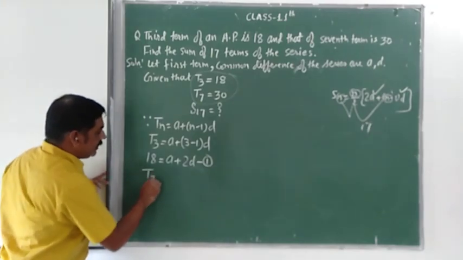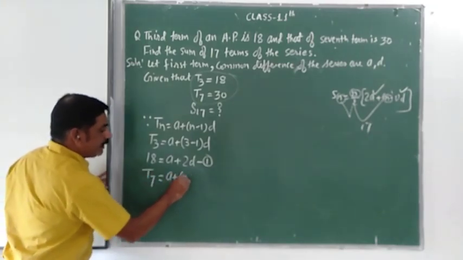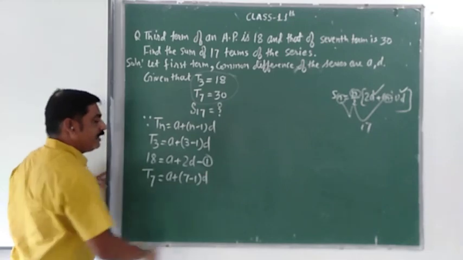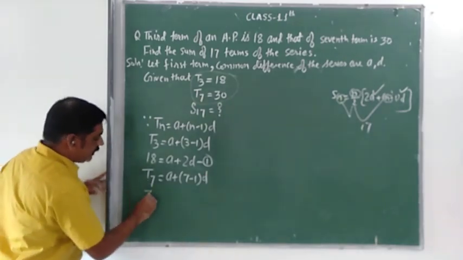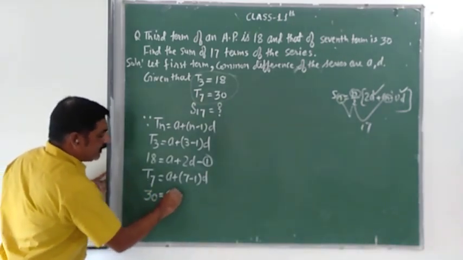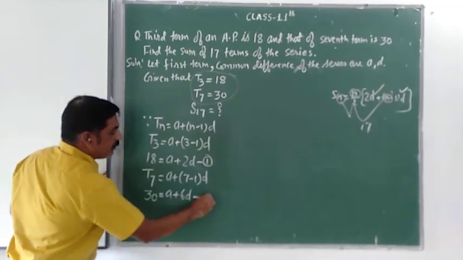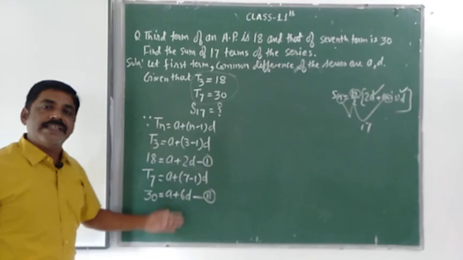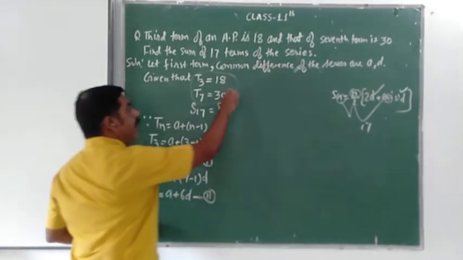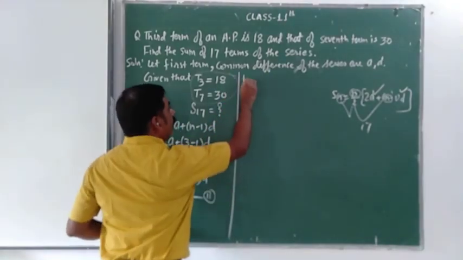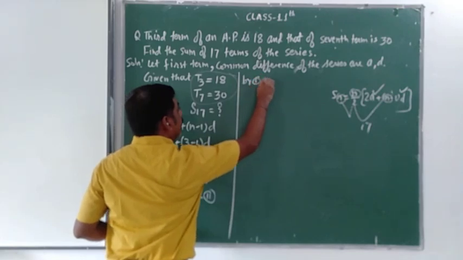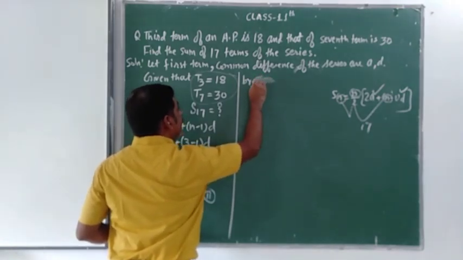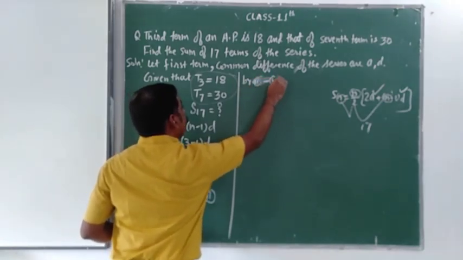Similarly, T7 is equal to A plus 7 minus 1 into D. The value of T7 is 30, so A plus 6D is equal to 30. Equation number 2. Now with the help of first and second, we can easily find the values of A and D. So second minus first.